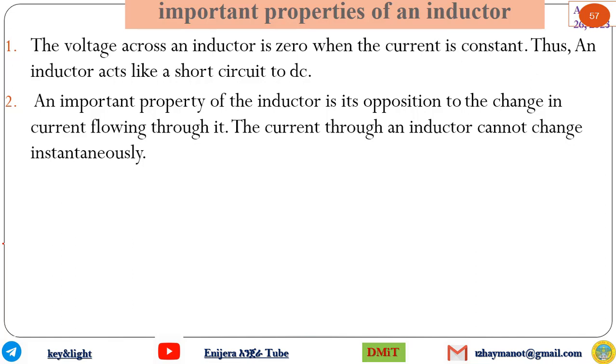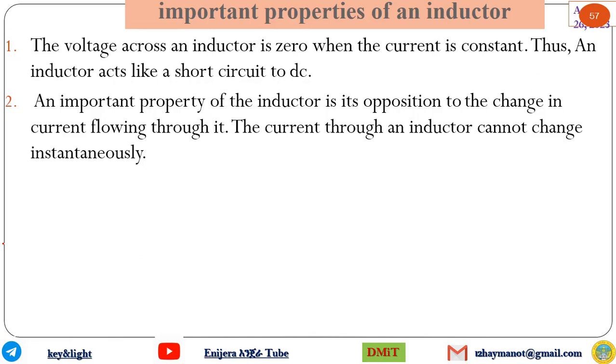Resistance, capacitance, inductance. The voltage across an inductor is zero when the current is constant, meaning DC current.